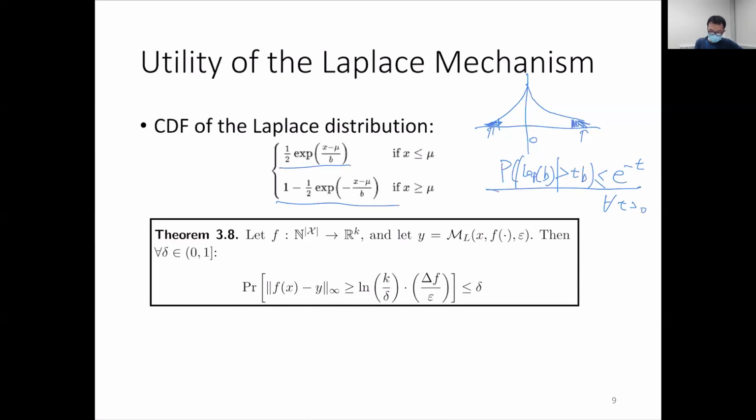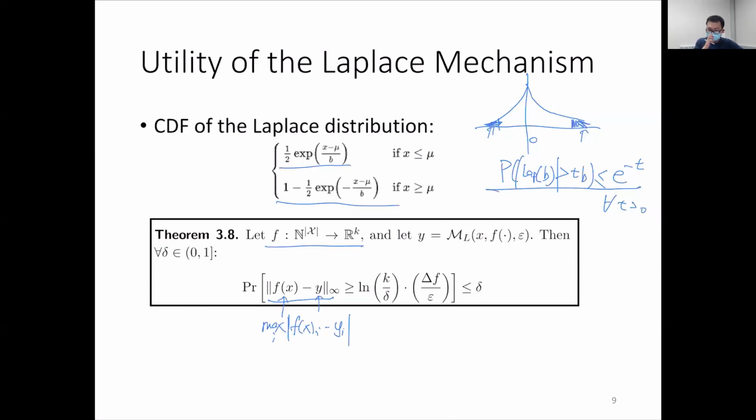Now consider this query that outputs k numbers, and the Laplace mechanism that adds independent Laplace noise to every coordinate. We want to figure out the L infinity norm of the difference between the desired answer, the ground truth, and what we are able to output. This is the max over all coordinates i of the absolute value of f of x_i minus y_i, where y_i is the ith coordinate of the output of the Laplace mechanism.